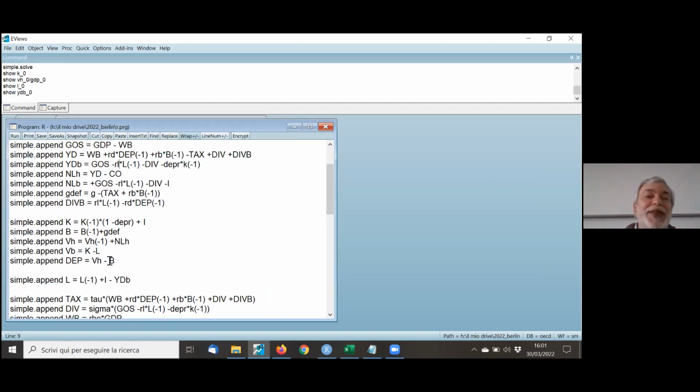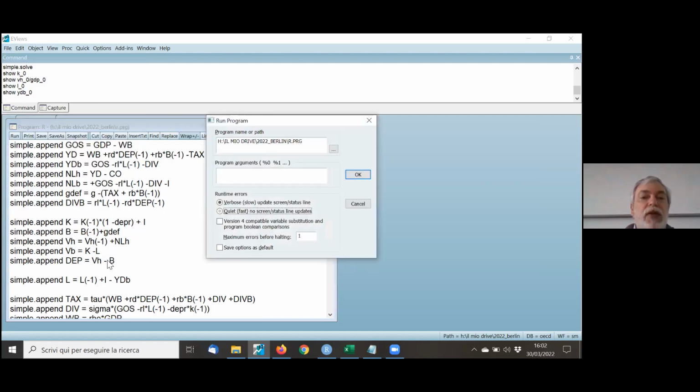So the point is retained profits must be equal to depreciation. So that is the source of finance for investment. So we don't want to do this in here. But when we compute the dividends, we want to keep this out.